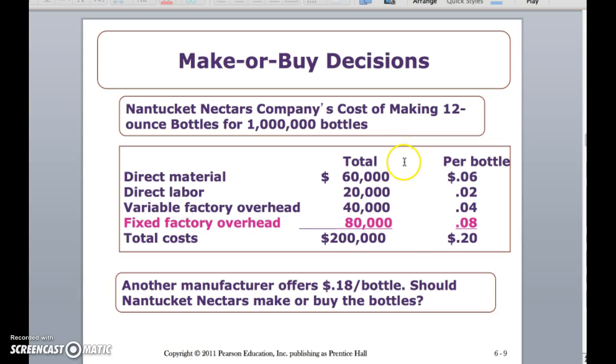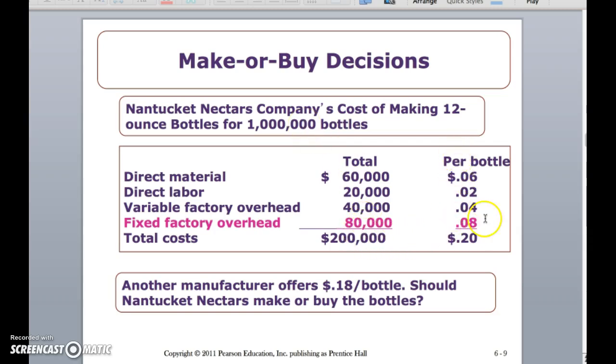Okay, let's look at how much they pay if they make the bottle. They would pay $60,000 direct material, $20,000 direct labor, and $40,000 on variable factory overhead. And the fixed factory overhead is $80,000, for a total of $200,000 for making this 1 million bottles.